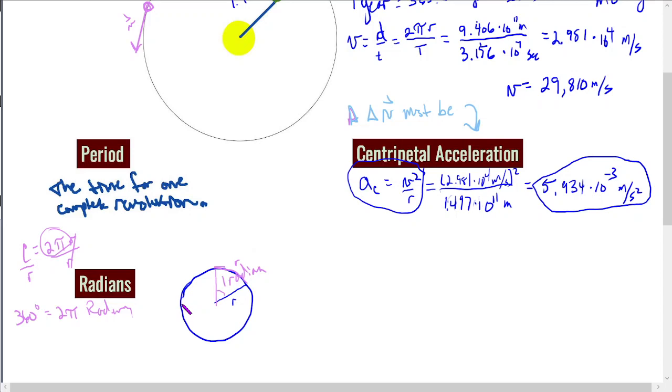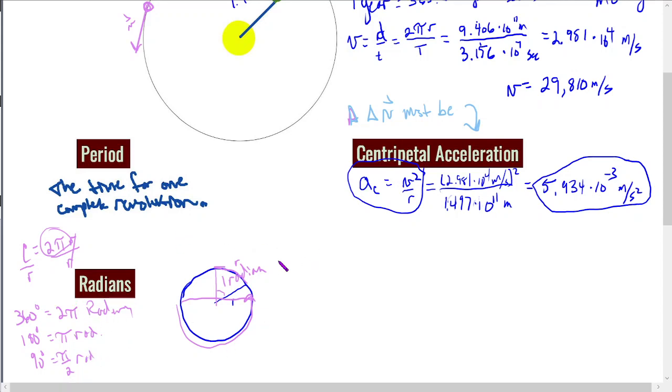And so if we go halfway around the circle, that's half of 360, so that's 180 degrees, and that equals pi radians. We cut that in half, then that's 90 degrees, and that equals pi over 2 radians.